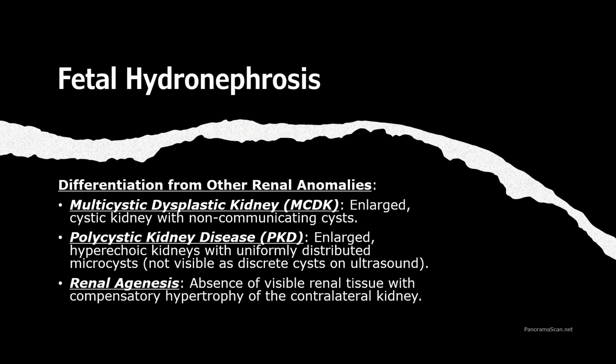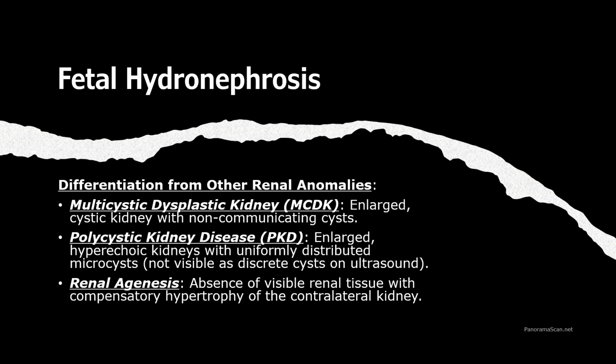Lastly, renal agenesis refers to the absence of one kidney. In this condition, there is no visible renal tissue on ultrasound, and the compensatory hypertrophy of the contralateral kidney may be observed.